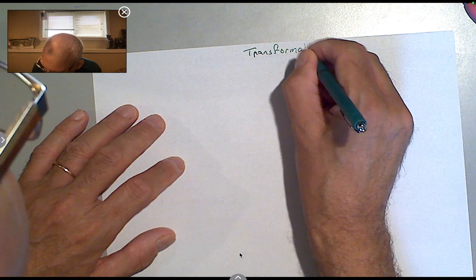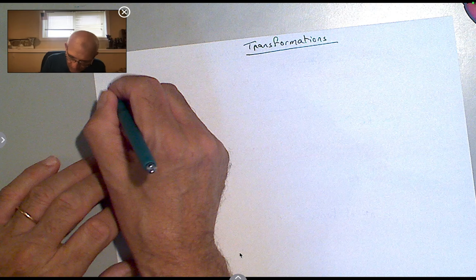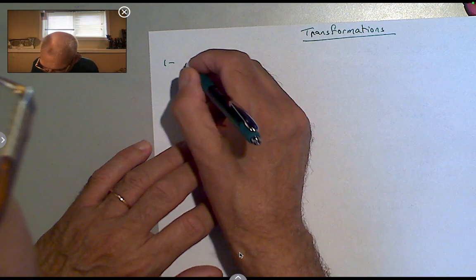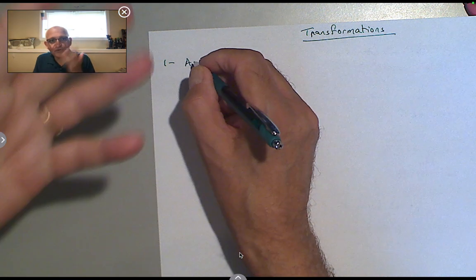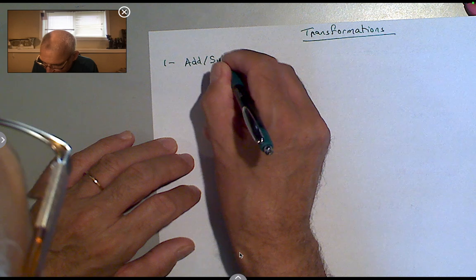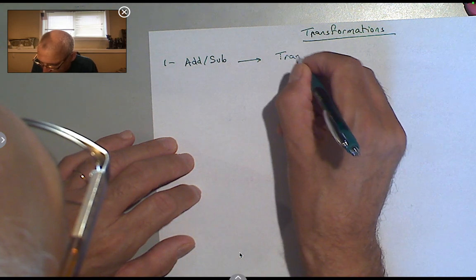For transformations, I told you we are going to look at three things. Number one, if the x or the y have addition to them, so I say x plus 4 or y minus 2, addition or subtraction, these result in what we call translation.